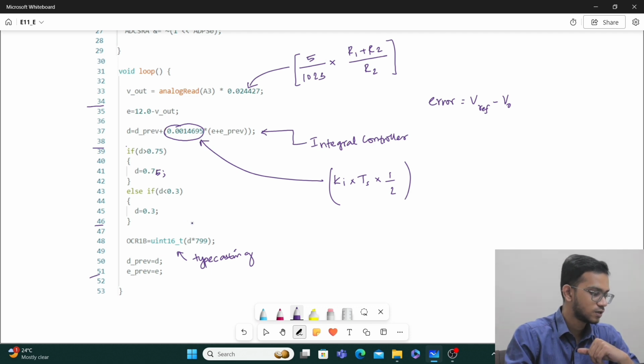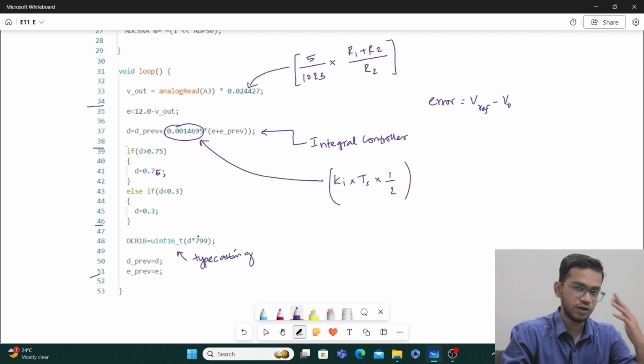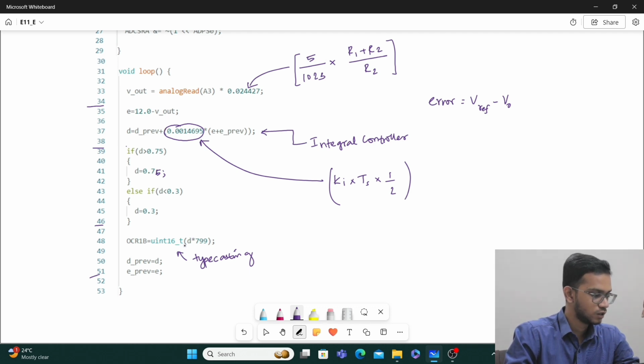So this is basically the number of steps your sawtooth is going to have. This is going to be your sawtooth's amplitude as well. So if this is having a value of 0.3, then it should be 0.3 into 799. So this may not be a perfect whole number or an integer. For that matter, we typecast it.